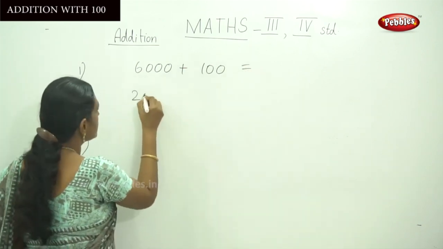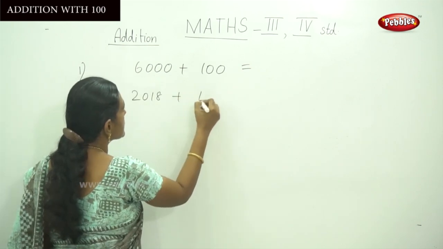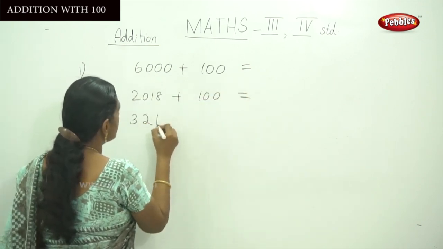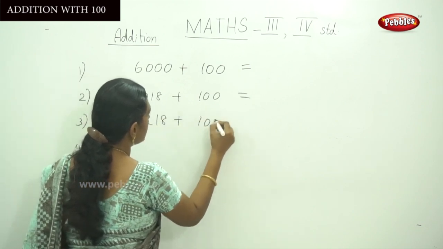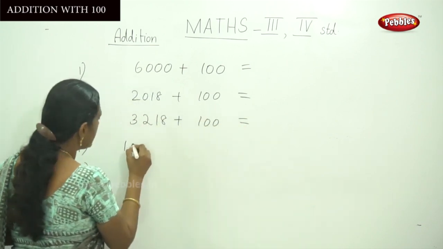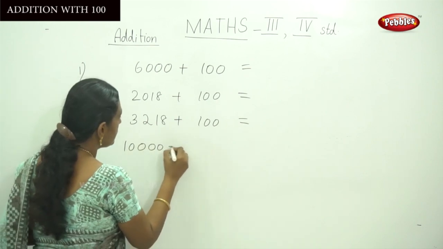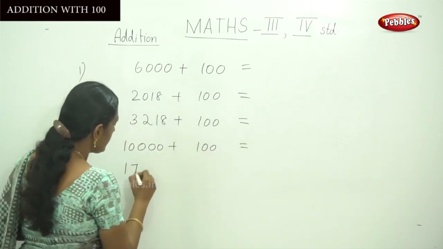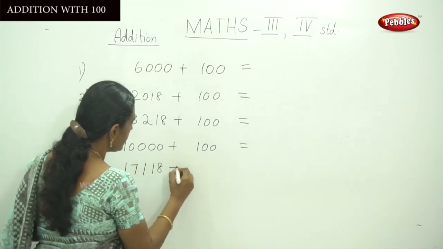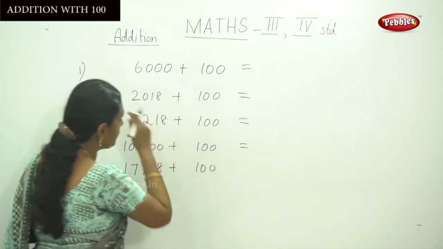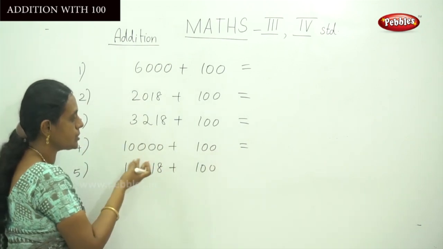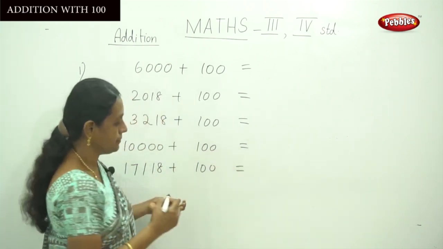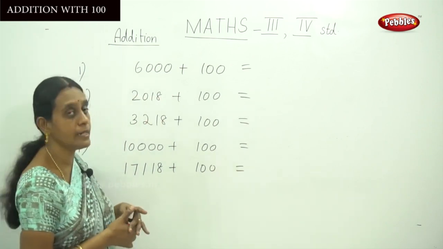And here 2018 plus 100, and 3218 plus 100, and 10,000 plus 100, and here 17,118 plus 100. Whether it is a 4 digit number, 3 digit or 5 digit, anything else. Okay, so adding with 100.